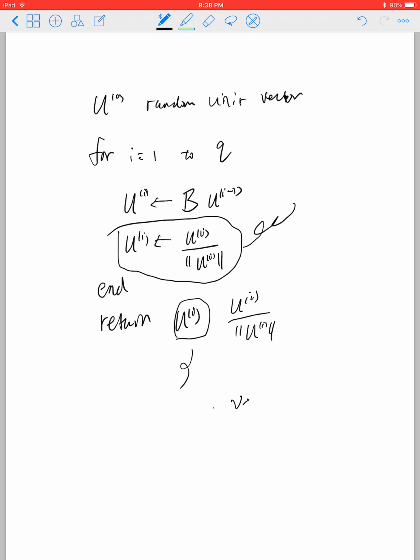Suppose the maximum number of iterations is set to Q. Then in each iteration, you simply update your vector to be the multiplication between the matrix B and the current vector, and then you renormalize it.